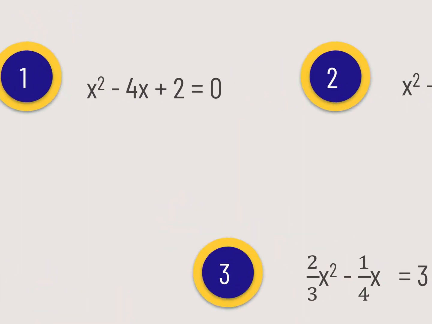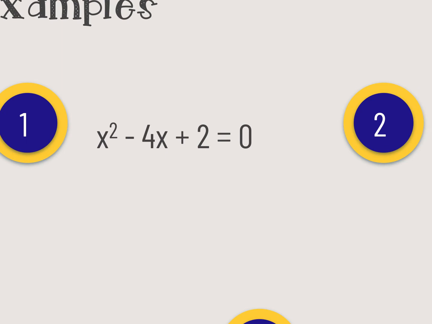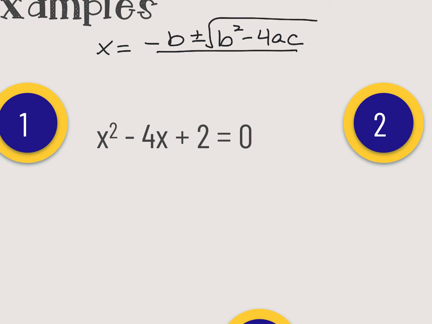So the first one, it's already in standard form for me. I'm going to go ahead and write the quadratic formula up at the top. You will need to memorize it. So again, opposite of b plus or minus the square root of b squared minus 4 times a times c, all divided by 2 times a.